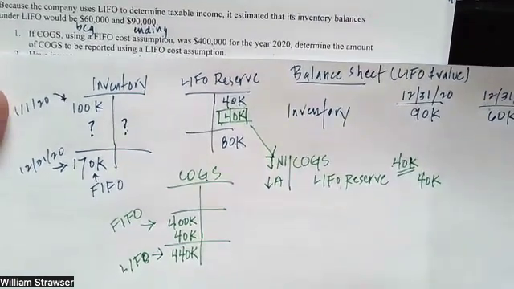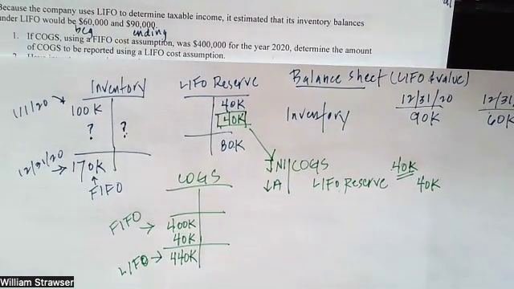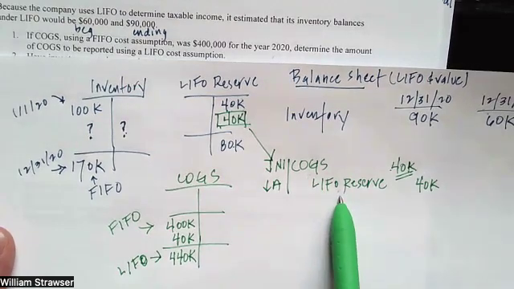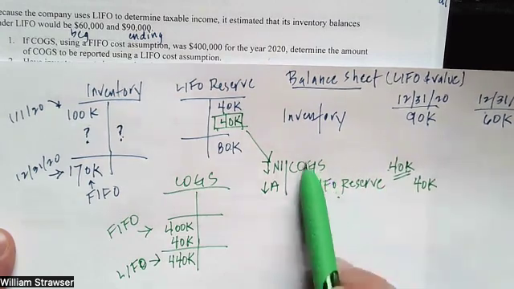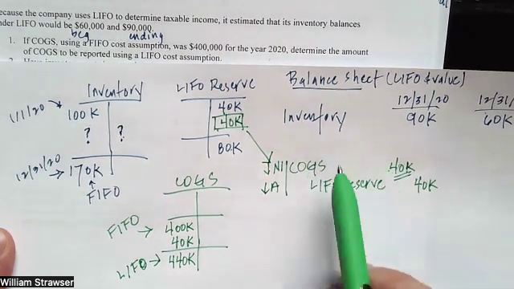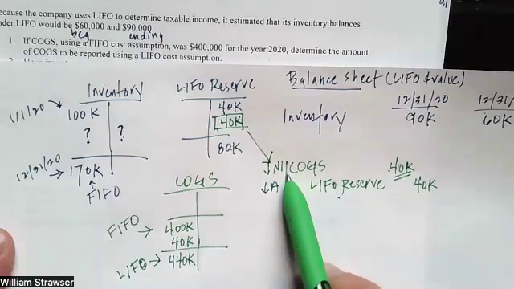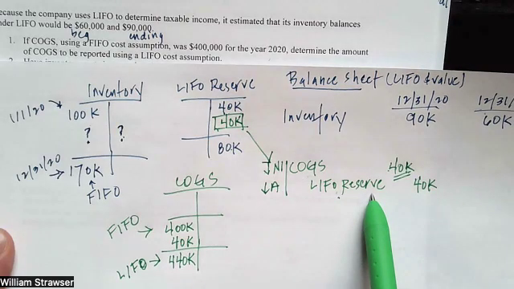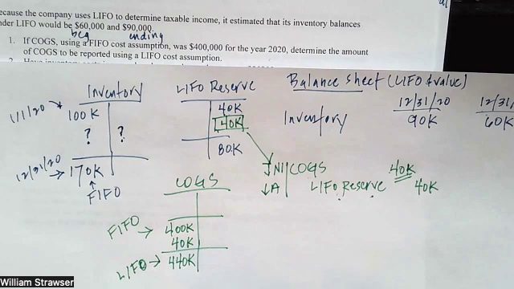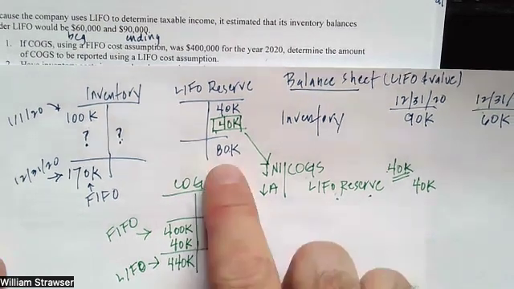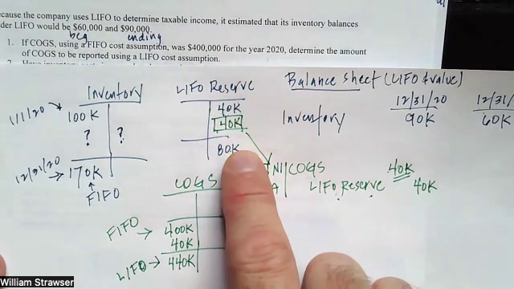Now, does this always have to be a debit to cost of goods sold and a credit to LIFO reserve? No, it does not. These will always be the two accounts for sure. Sometimes you might debit LIFO reserve and credit cost of goods sold. That could happen if inventory costs stop rising over a period of time and actually fall, then this entry could be reversed.